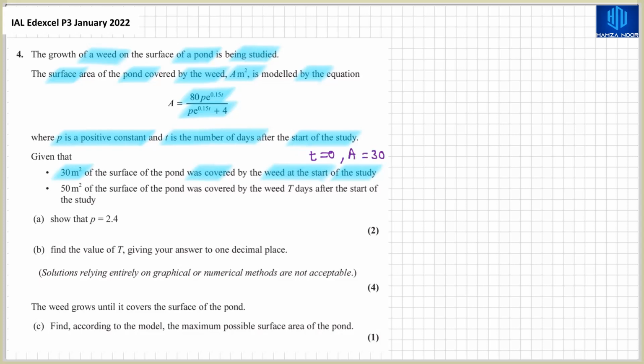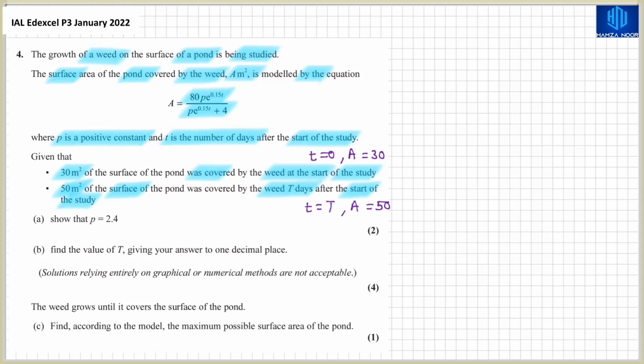Then another condition says that 50 meters square of the surface area was covered by the weed capital T days after the start of the study. So according to condition 2, when t = T, A = 50 meters square.